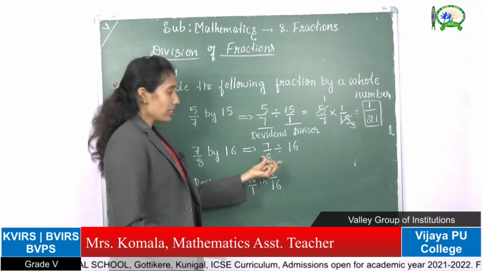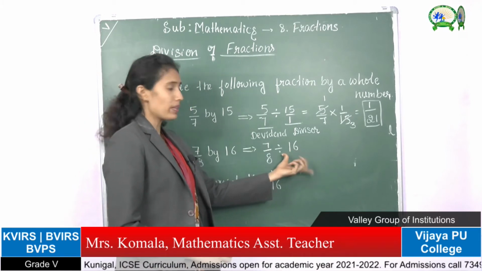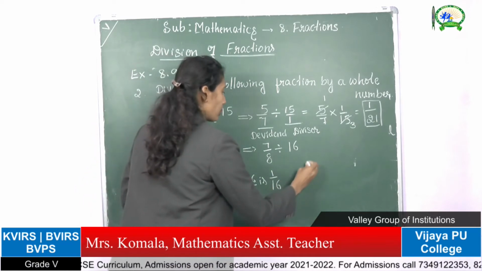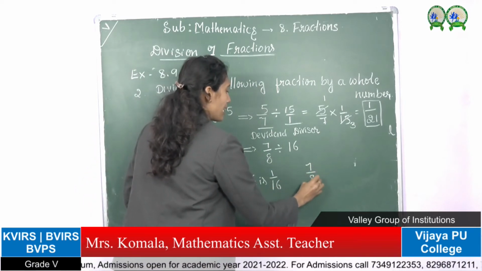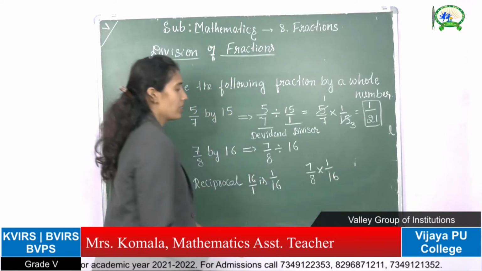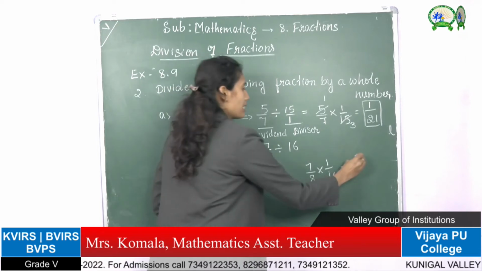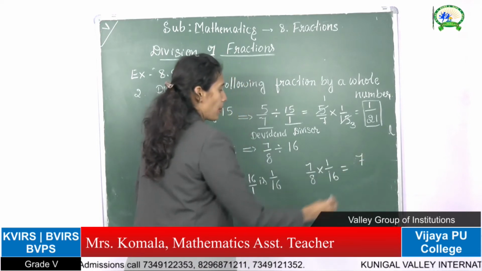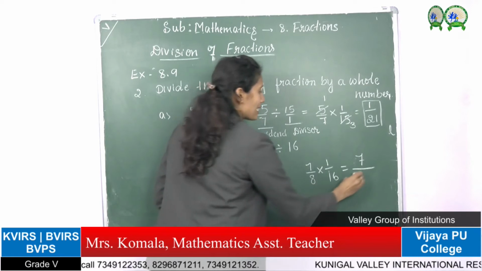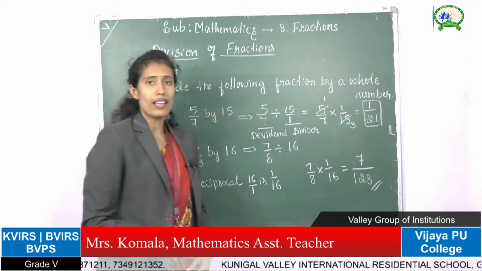Now the product of the dividend and the reciprocal of the divisor will be the correct answer. So we can write it as 7 by 8 into 1 by 16. So what is the answer here? Now 7 into 1 is 7. 16 8s are 128. This is the required answer.